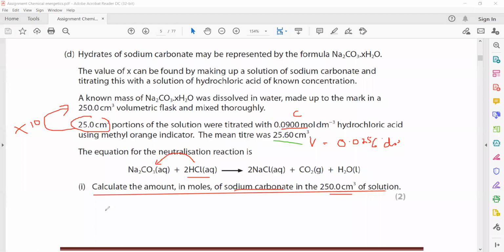So the first part, it is moles of HCl, that is concentration times volume, 0.09 times 0.0256. So this will give us the moles, 0.09 times 0.0256 is equal to 0.00230.